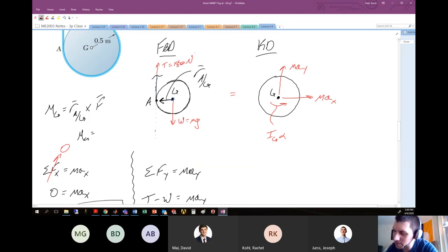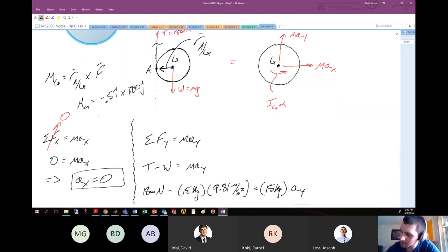So the position vector arriving at A from G is obviously negative 0.5 i hat meters. It's just the radius of this guy going to the left. And we're going to cross this with the force, which is 180 j hat. With me on that? So if we execute this, the moment about G from that force is i cross j, which will give me positive k typically, but I have a negative i component. So this will be negative 90 newton meters k hat. Clear on that?